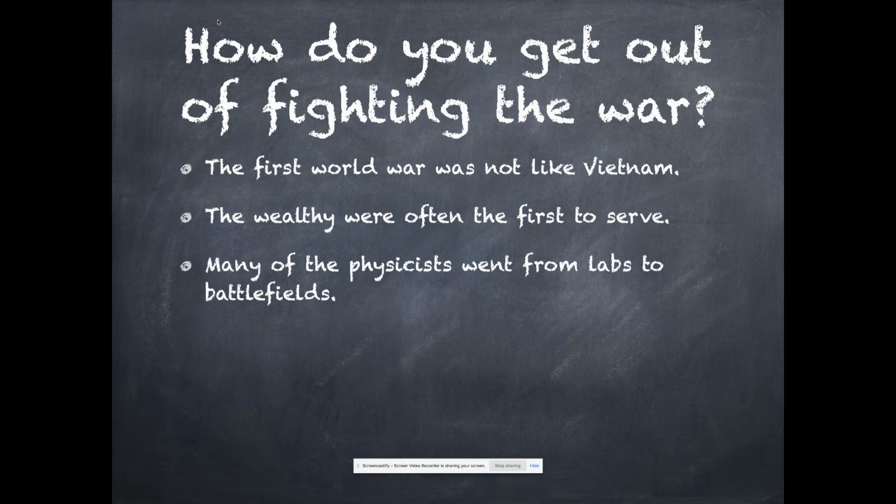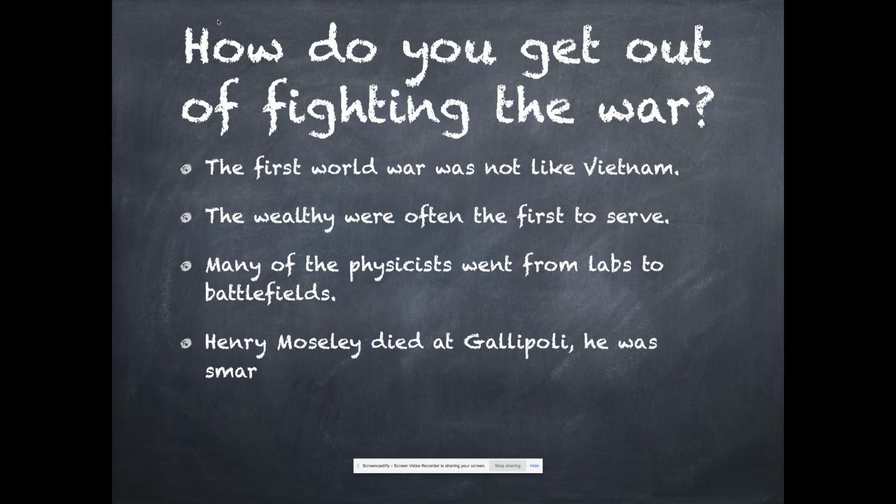Okay? So in World War I, that wasn't the case. And in fact, some of the first people to sign up and serve were those that were wealthy and well-educated. Okay? So a lot of the physicists went straight from labs to battlefields.